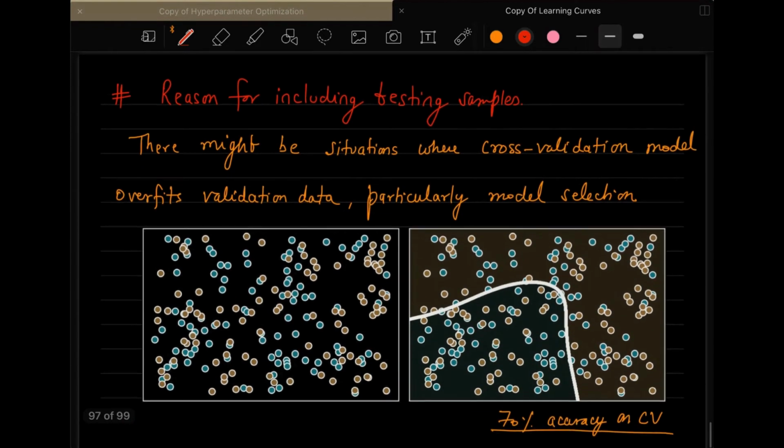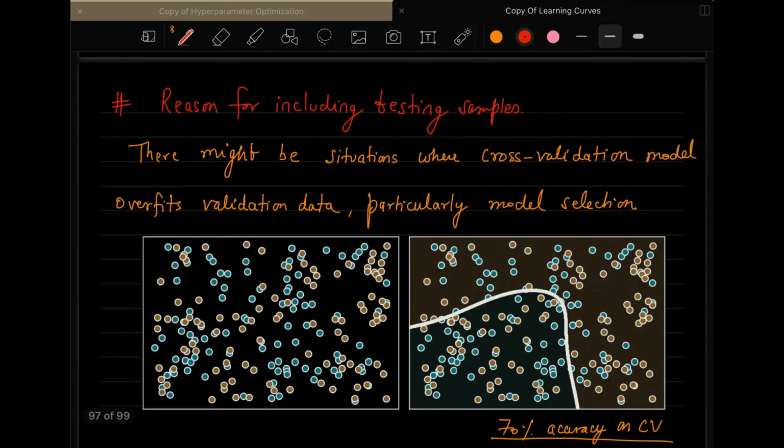here is the thing. This is showing you a reason why we have to include the testing samples. I have taken this image, which has randomly distributed samples. It's not like we used to have this type of classification, when we have data something like this, and some of the data here.